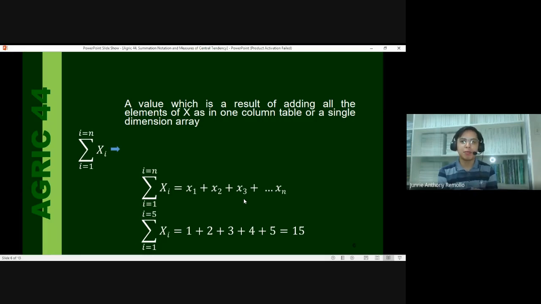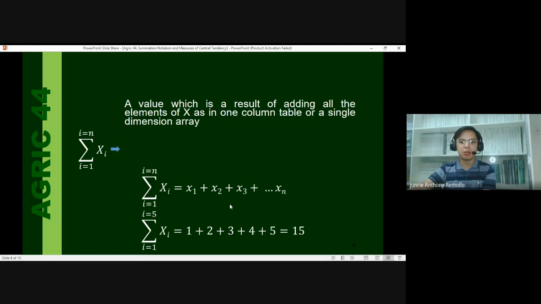Applying the recent equation example that we discussed, if we change i into 2 and n is equal to 5, then we will start adding at x2. So x2, x3, x4, x5. In this case, for the summation of xi wherein n is equal to 5 and i is equal to 1, we can add 1 plus 2 plus 3 plus 4 plus 5 equals 15, given that these are the set of values or observations.